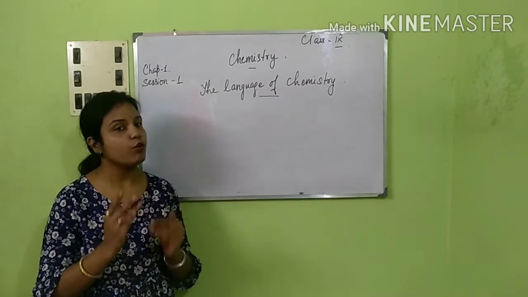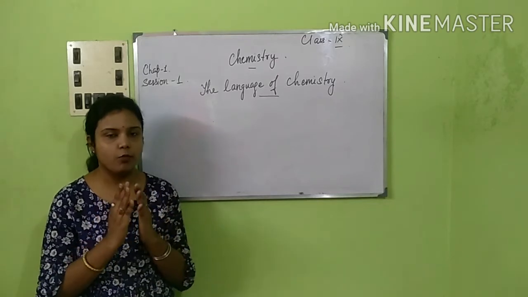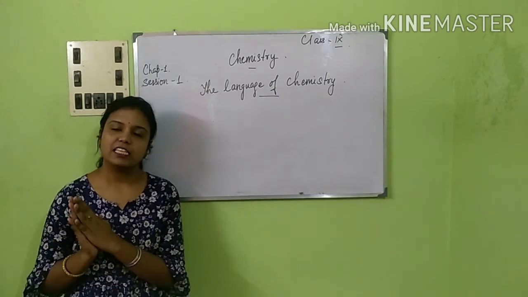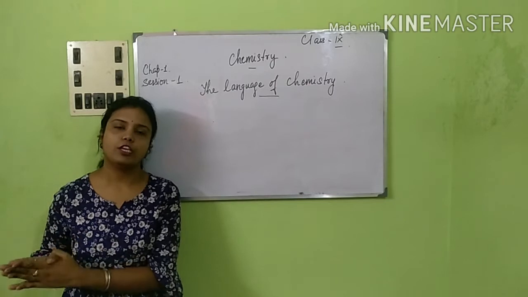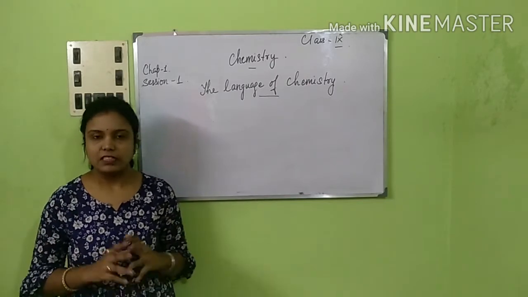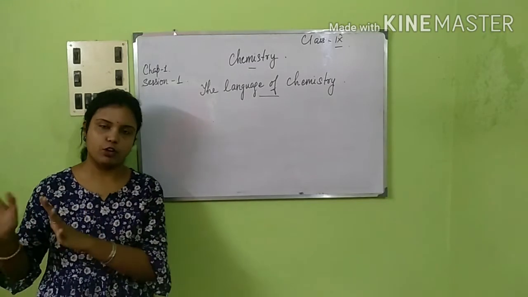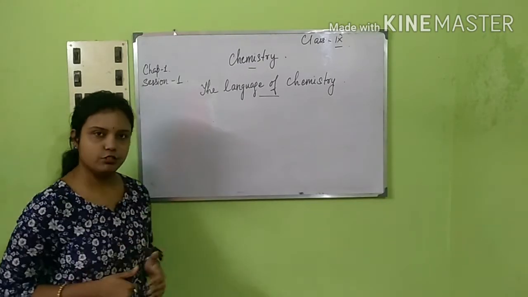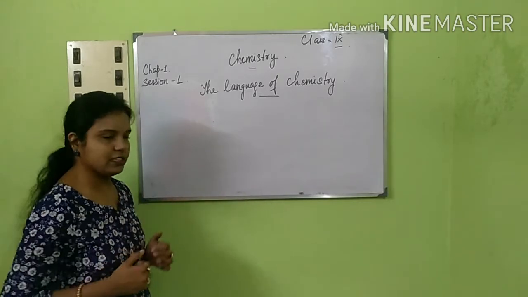And relative molecular mass is the number of times the mass of a molecule of a substance is heavier than 1/12 of the mass of the molecule of carbon. This is the difference between relative atomic mass and relative molecular mass, because we are going to use atomic mass and molecular mass for the calculations. Okay, so let's get started.